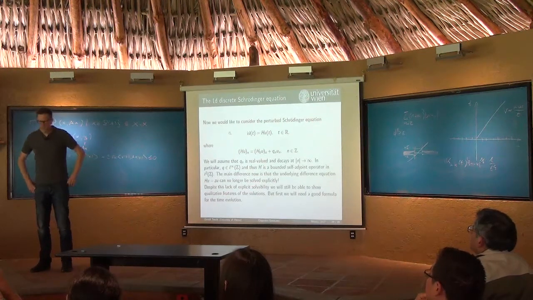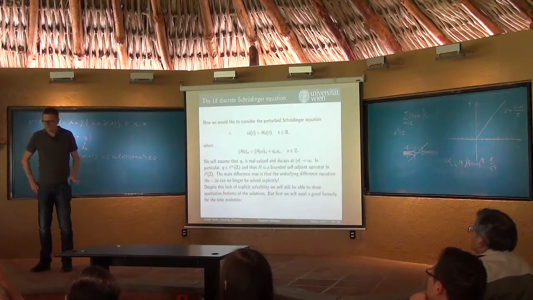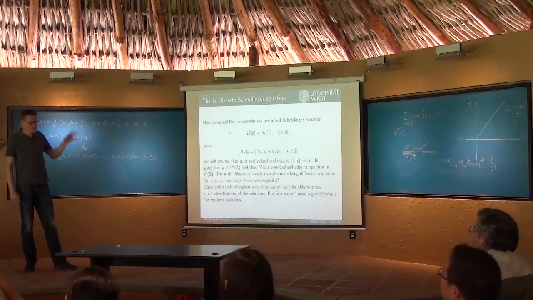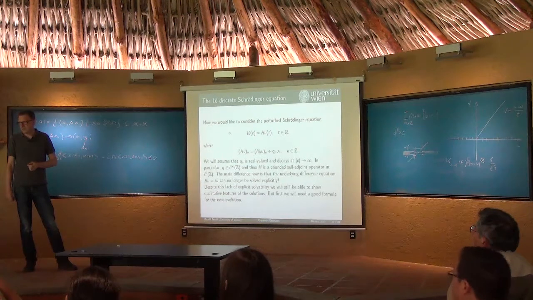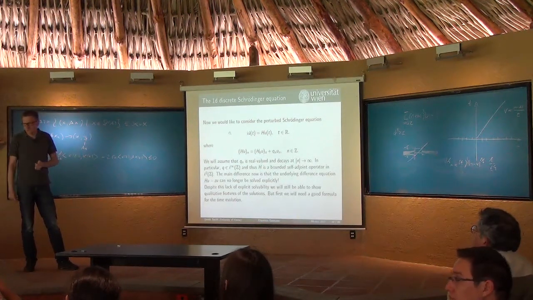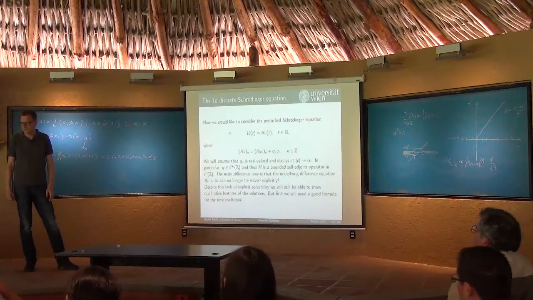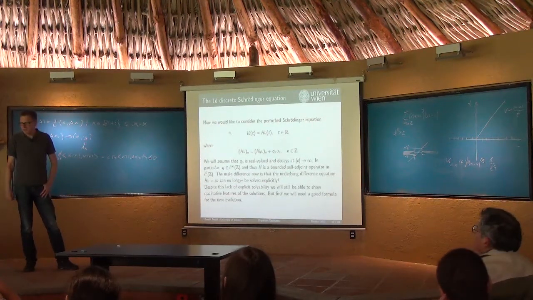I haven't thought about this in this discrete case, but I would say most likely you can do a similar thing. I did not look at this, and I haven't seen it anywhere, but probably yes, because you have a very explicit expression for your time evolution, and you might be able to do the same trick and write down some explicit long-time asymptotics. It should be possible, but I haven't seen it and I haven't tried it.